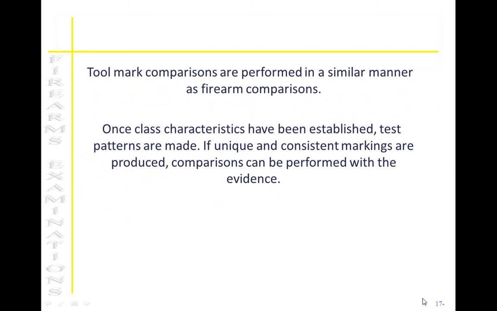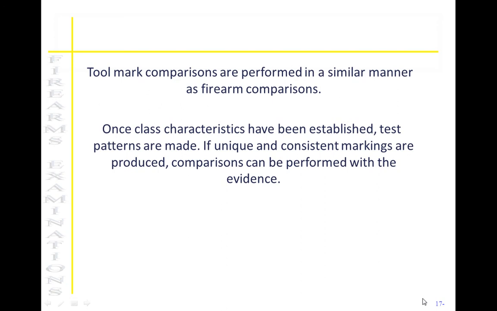Tool mark comparisons are performed very similar to firearm comparisons in the fact that test patterns will also be made. If the test patterns that are produced by a tool are once again very unique and consistent, then they can be compared to evidence items.